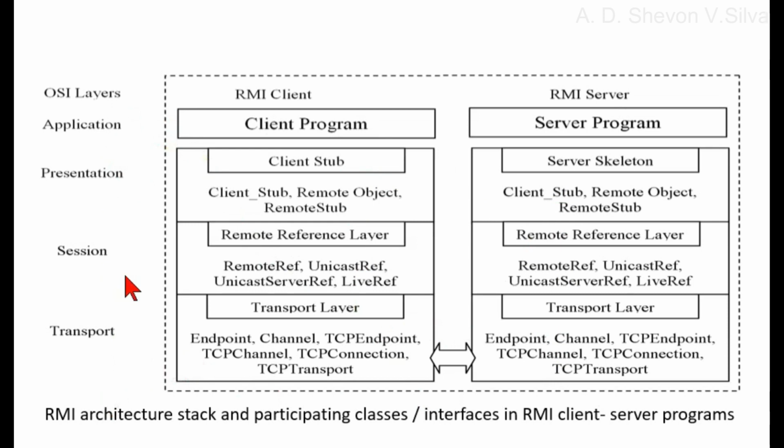We have also identified the participating Java classes at each layer of the Sun RMI implementation. Each layer of RMI implements its own interface. These layers are independent of each other, so they can be replaced by other implementations without affecting other layers.